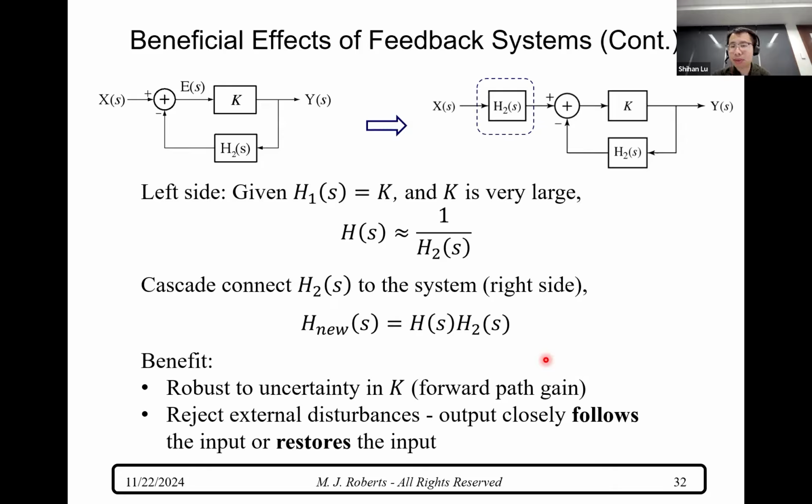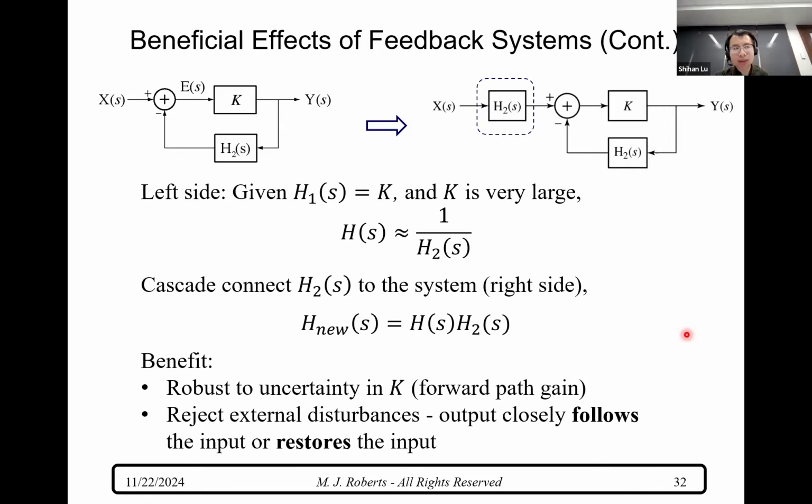and because H of S is essentially equal to 1 over H2 of S, if you cascade another H2 of S into this feedback system, the overall transfer function is going to be approximately 1. It's like doing nothing to your system input, but still it has a list of benefits.